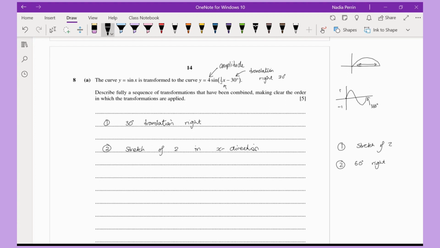Okay, and that's why I think it's better to do the translation first. Lastly, or at any point, we can put in the stretch vertically by a scale factor of 4. So the keywords are stretch and translation. You need to use vertically or y direction in those as well. And that is the whole of that question.